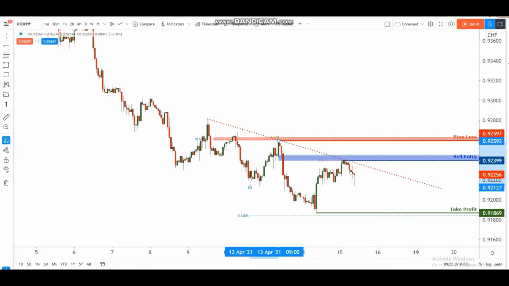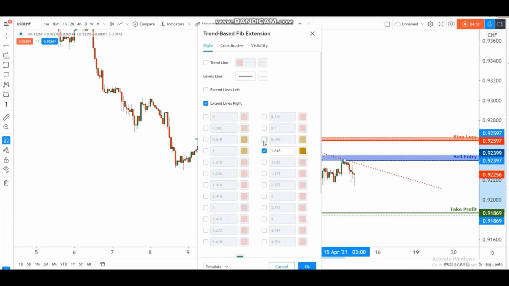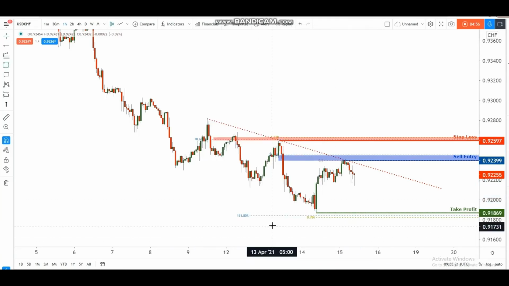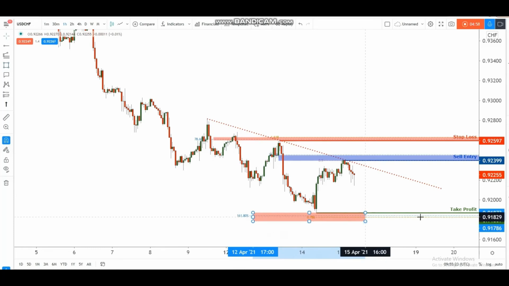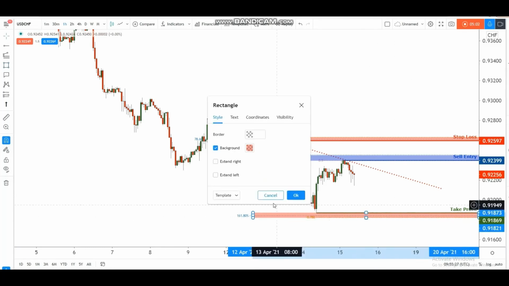Last thing I need to do, find another extension. For extension, take 3 points, 1, 2, and 3 to find my support level. If I open up the 78.6% level, you can see that once again it forms another very nice Fibonacci confluence area with our take profit level. So let me just highlight this area and put it as a bullish area.